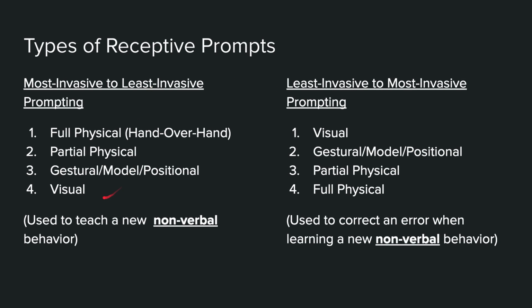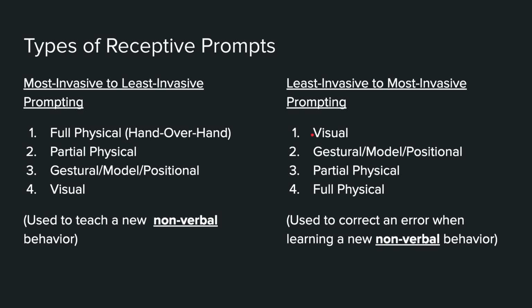So let's pretend you're using a visual prompt to teach this new behavior. So you say, touch the dog, and you show them a visual of the response that they need to do, and that doesn't produce the response of the child touching the dog like you want. So then to correct the error, you go to wherever you were before. So we were at visual prompt.